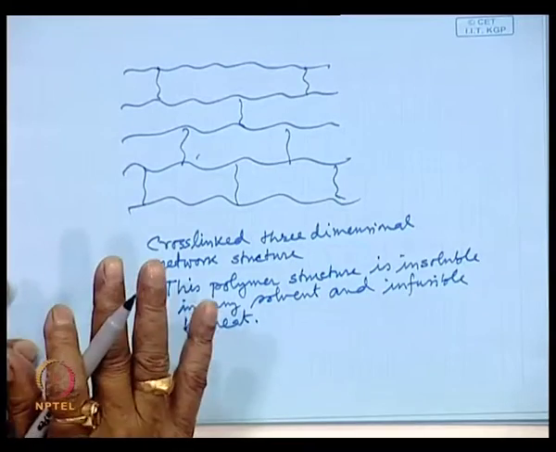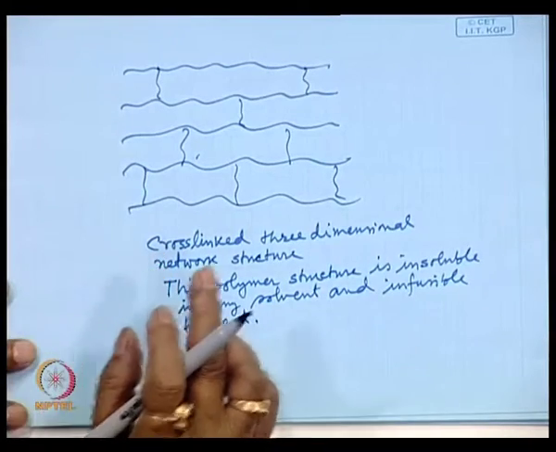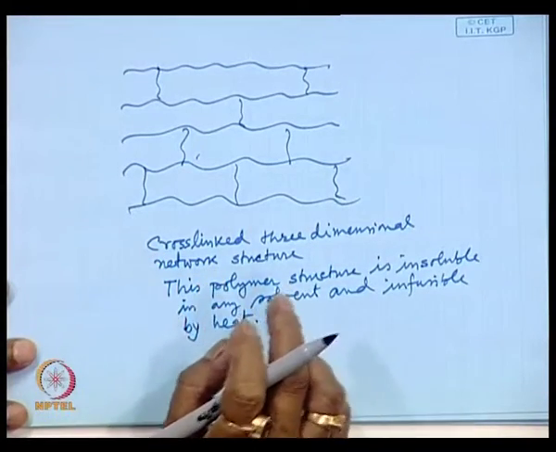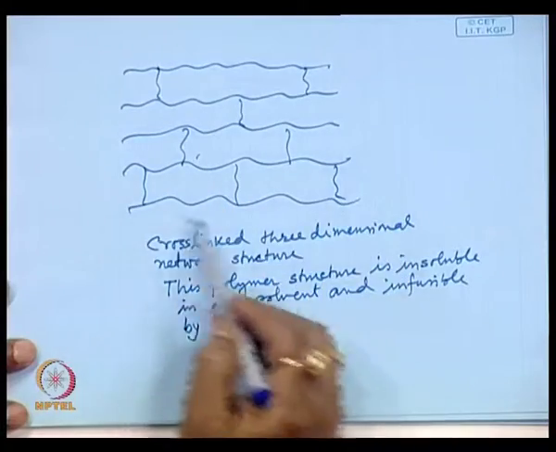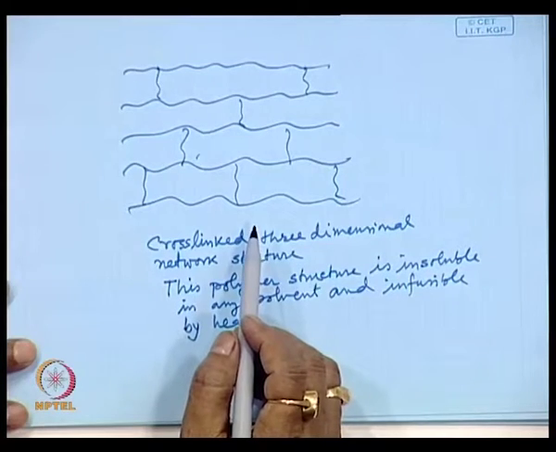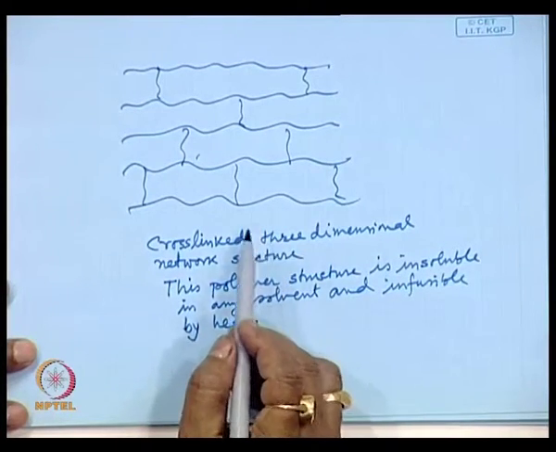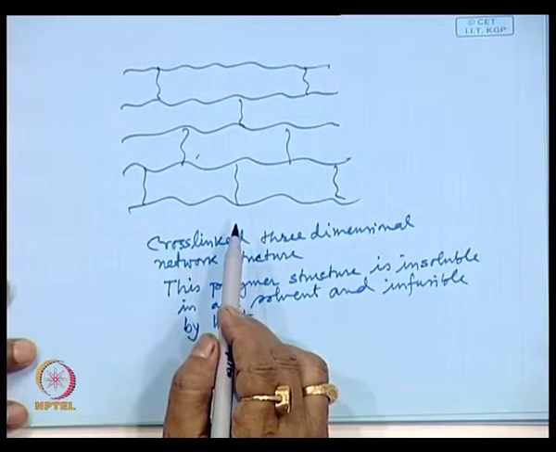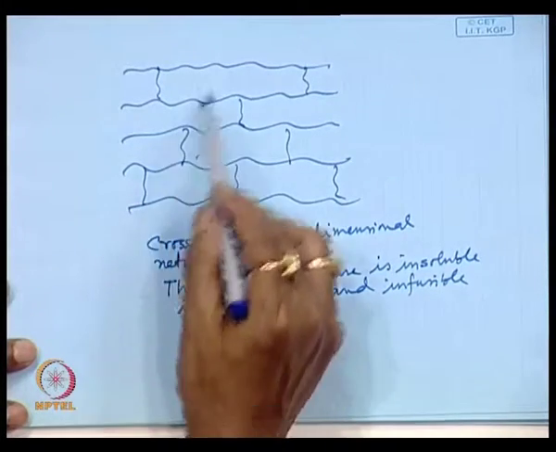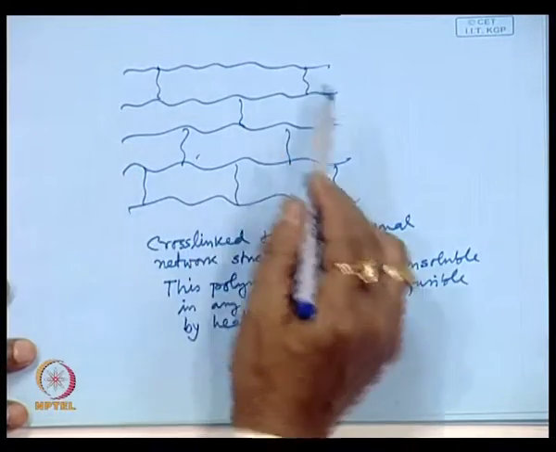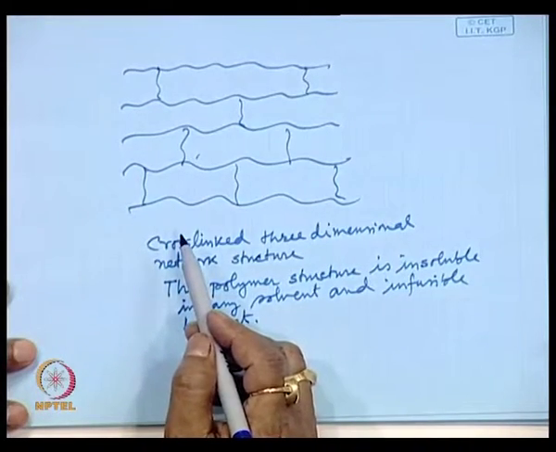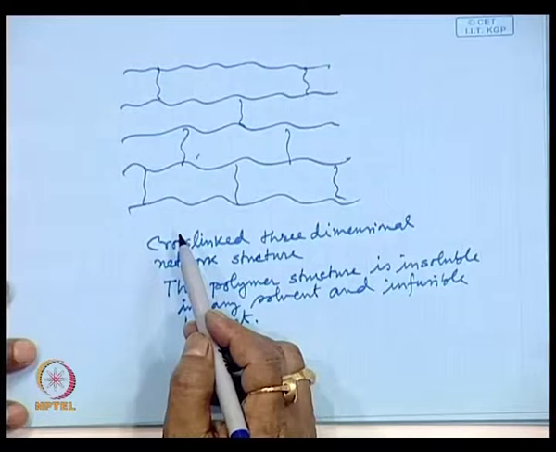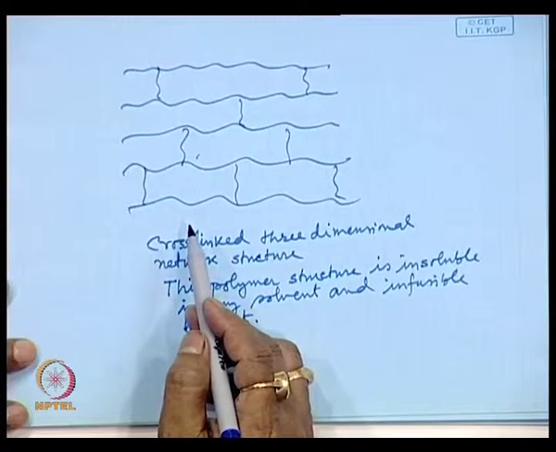Do you understand? So, we must have control over such type of growth of polymer structure. Once this kind of structure is formed during the polymer synthesis, that polymer mass can no longer be used for processing as well as leading to a finished product.